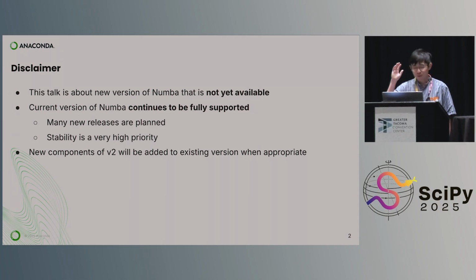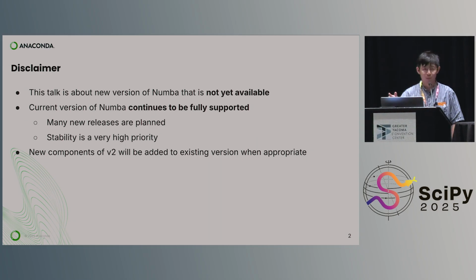Numba v2 is more like a code name. The current Numba version, the so-called v1, is going to be supported, and we have many planned releases.